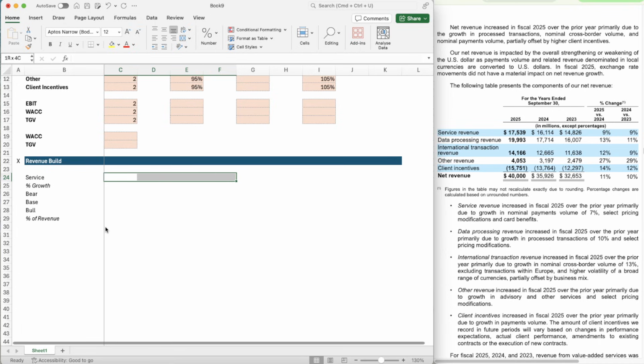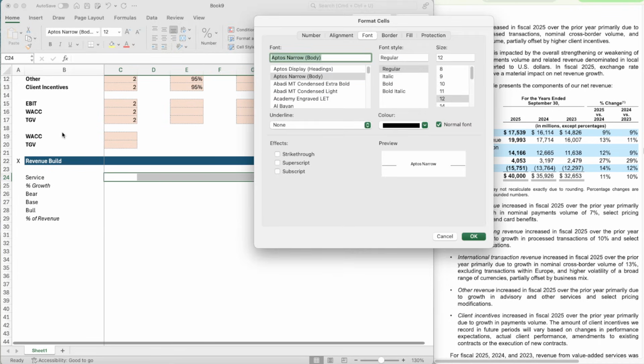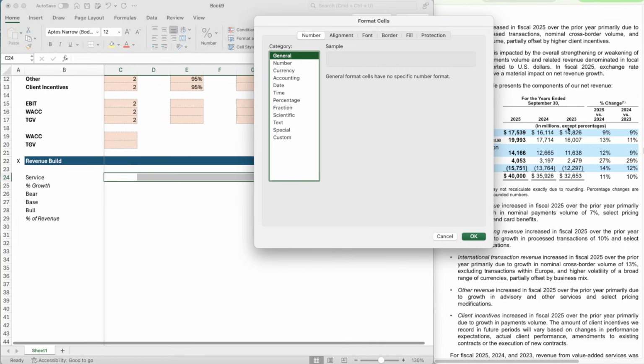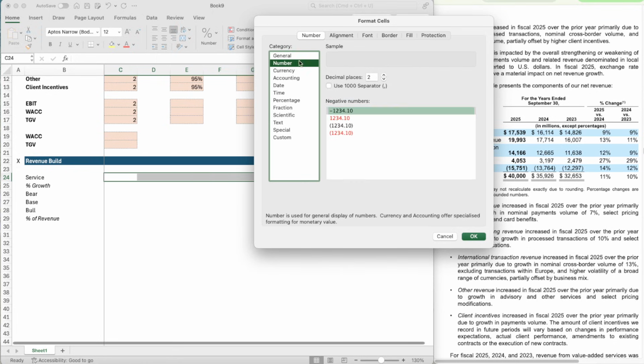So do a bit of formatting on it. We want to go for the revenue, so it looks like this. It's in millions, and that's what our model will be in as well. So it goes 17,539, but this number is 17.5 billion. We don't want any decimal places.